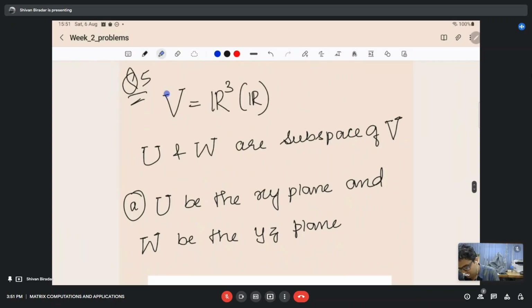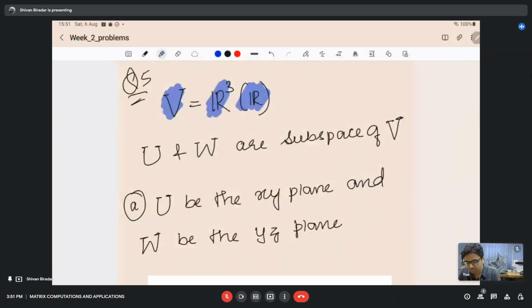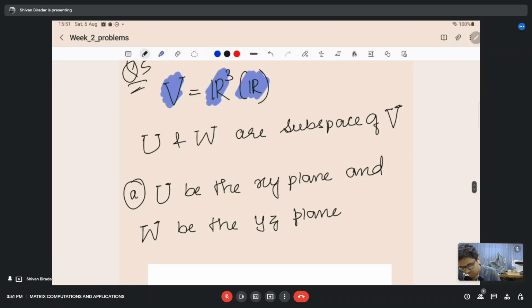So we have a vector space V equal to R3. R is my field of real numbers, and this is my three-dimensional space.